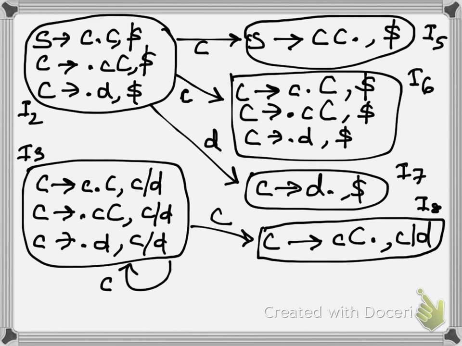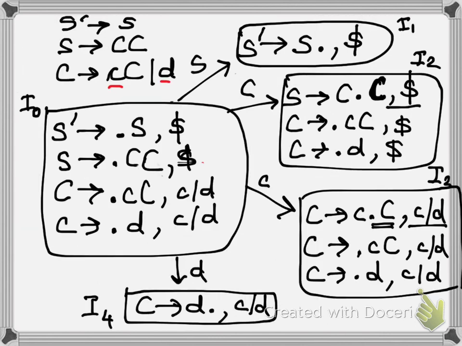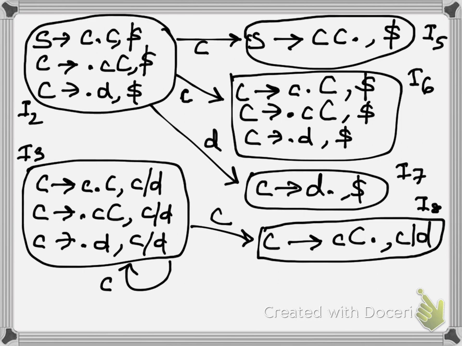And on small d, where does it go? It goes to I4. So I think did I miss something? No, we are okay.